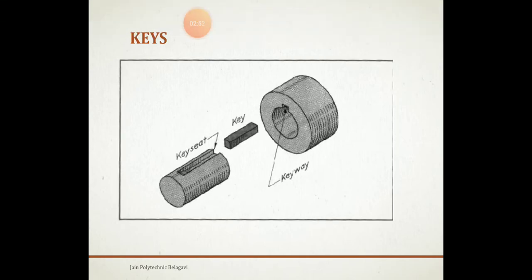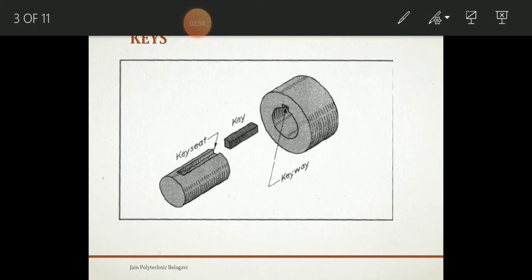See here, there is a key. This is the key, this is the shaft, this is the hub. This key will sit on this and the entire assembly will be inserted in the hub, so that the key does not allow the shaft to rotate inside. So it prevents the rotational motion.